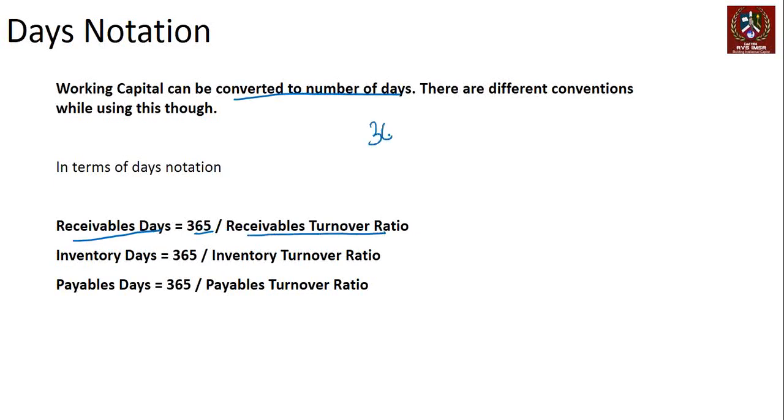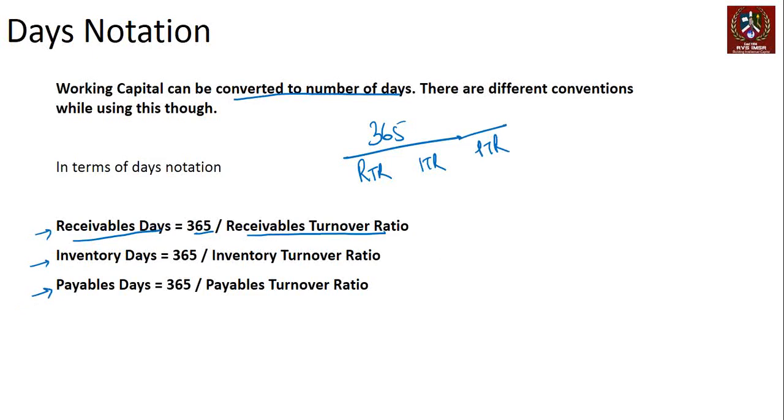So you take 365 and divide it by either the receivable turnover ratio or the inventory turnover ratio or the payable turnover ratio. And you get the data in terms of how many receivable days you have, how many inventory days you have, and how many payable days you have, right?